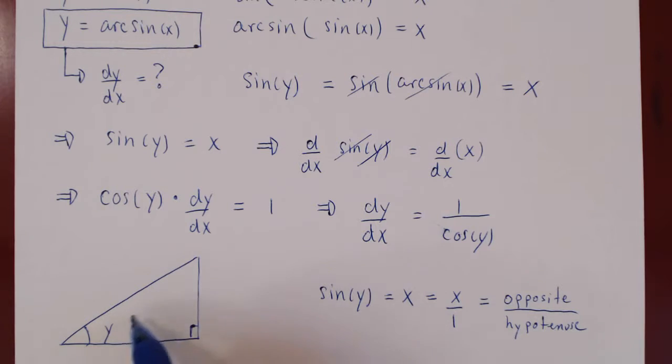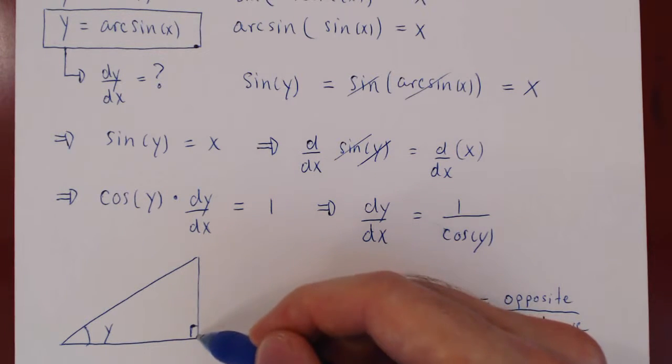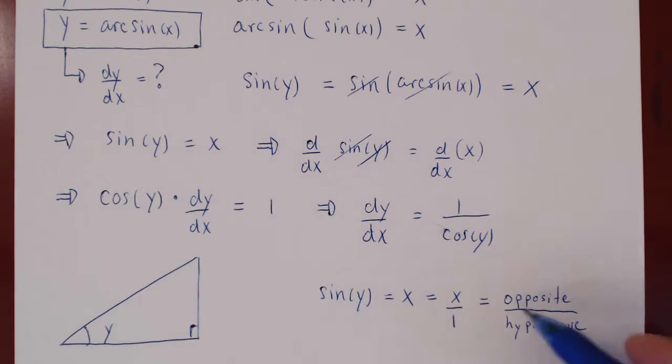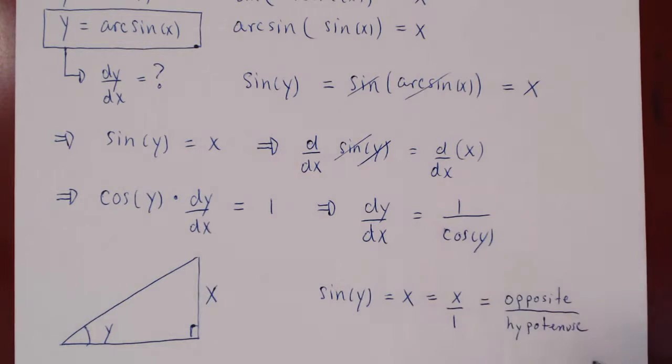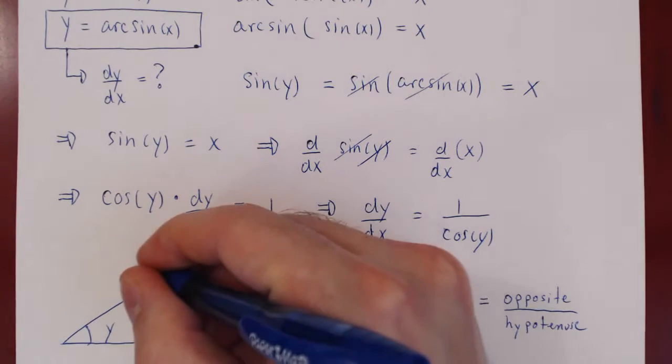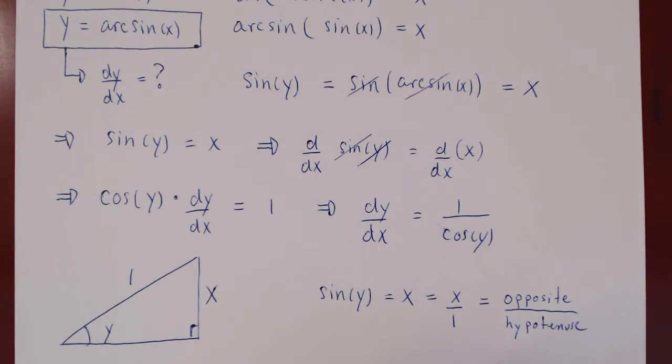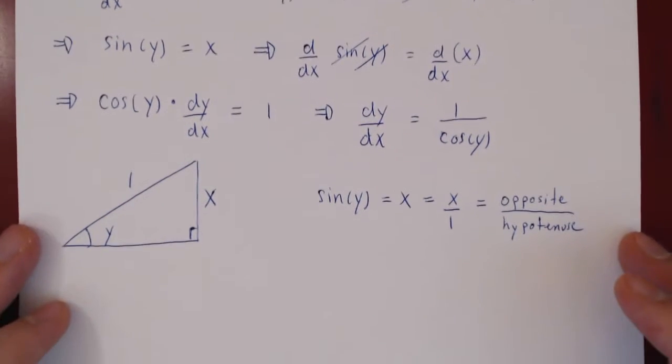Sine of the angle will be the opposite side over the hypotenuse. And the opposite side you can take to be simply x. And the hypotenuse you can take simply to be 1. And now with this we have two sides of our triangle.